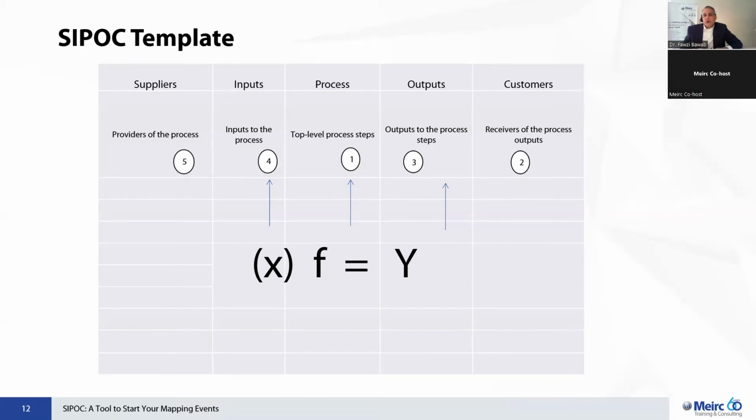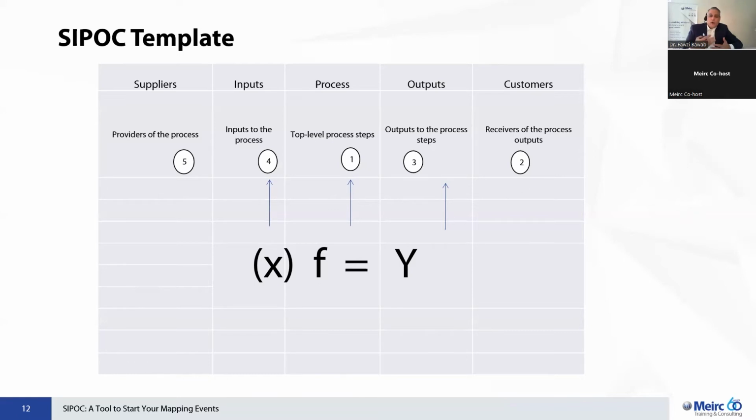What is the name of the process that is in question here, or that we are trying to analyze, and then understanding who the customers are. So we prefer that you start probably at the customer's side once you identify the name of the process, and then you can work backwards to identify the outputs of the process and list them. Then you move to the process steps, and then you can identify the inputs that are needed for the process to operate.